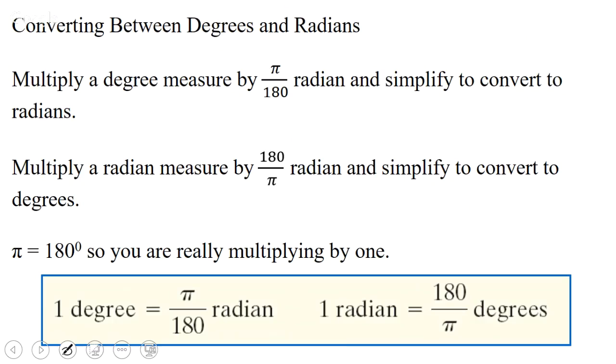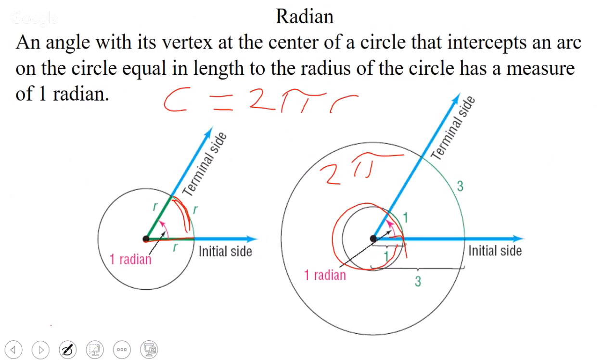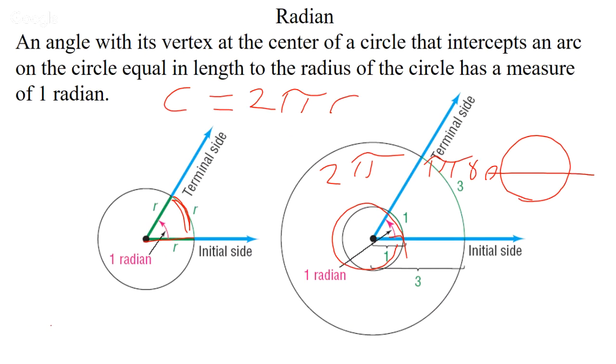So if we're converting between degrees and radians, the conversion factor is pi over 180. Because if going around the circle is 2 pi, going halfway around the circle, that's 180, would equal pi. Because all the way around the circle is 2 pi, so halfway is pi.